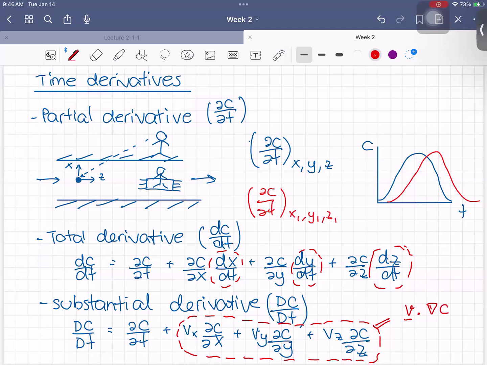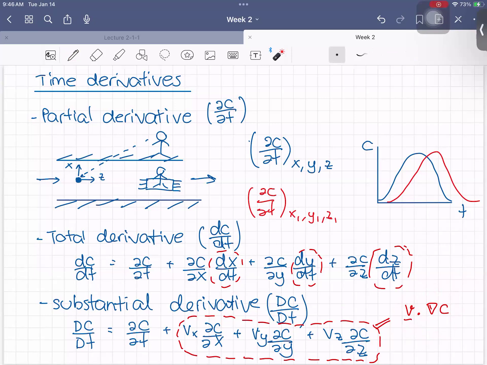This thing comes back again. Can you go back to the previous slide from last week? We already went through this term all together in the class, remember? V is actually the vector.